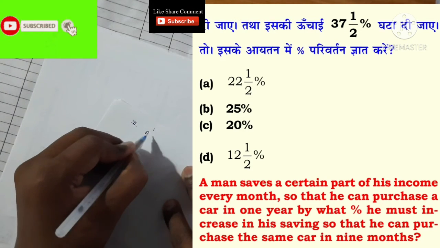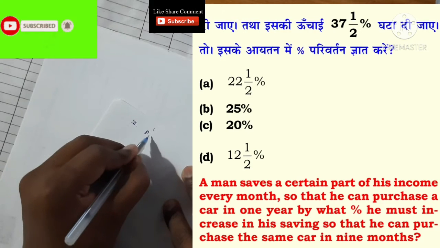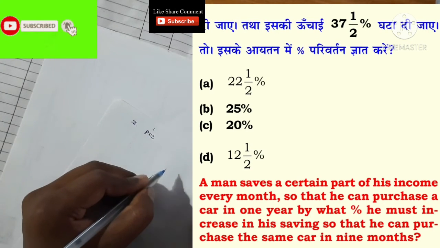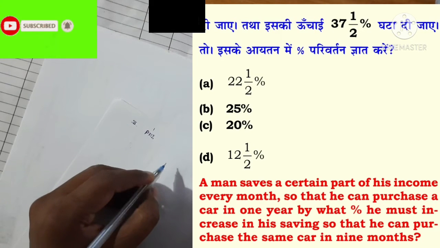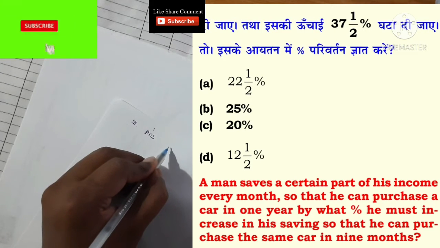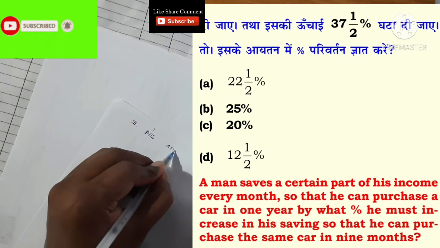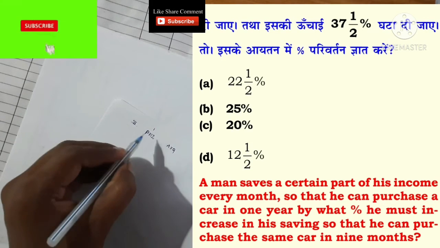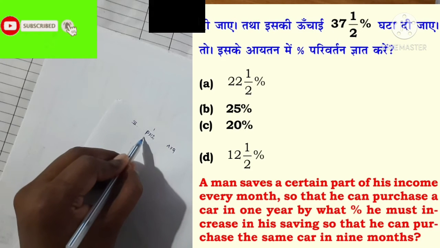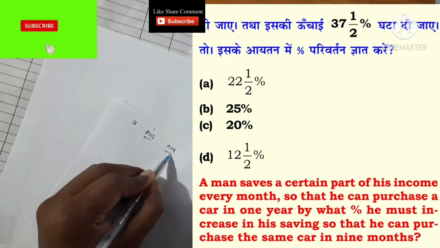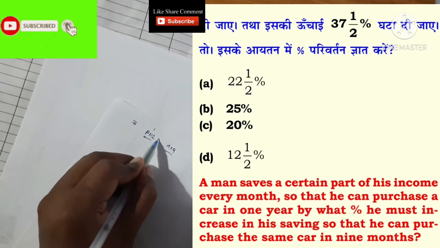For every month you have to save P rupees. So in 12 months you have to save P into 12. So every month you have to save A rupees in 9 months. The saving amount in 12 months is equal to the saving amount in 9 months. Both are equal.